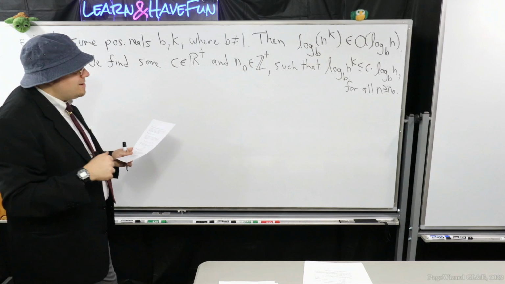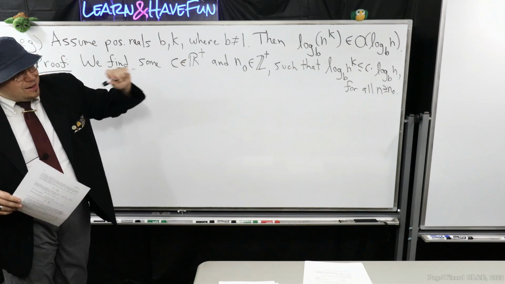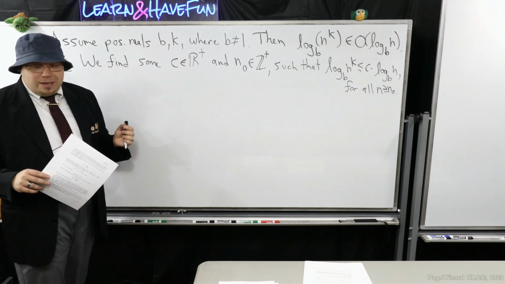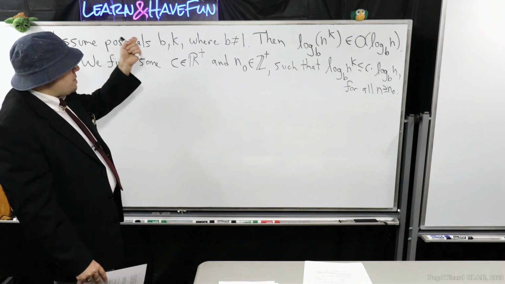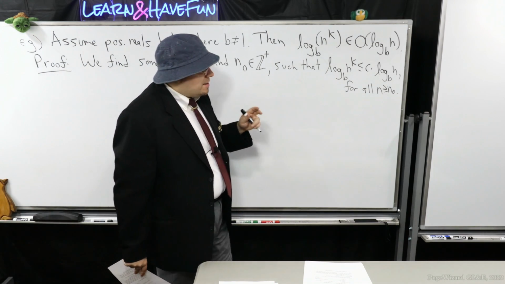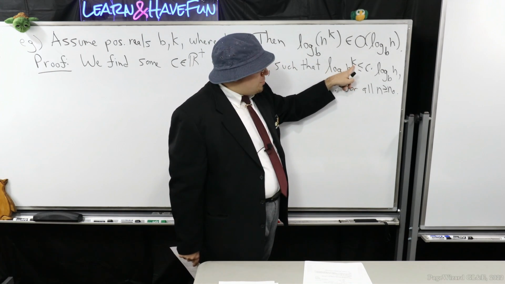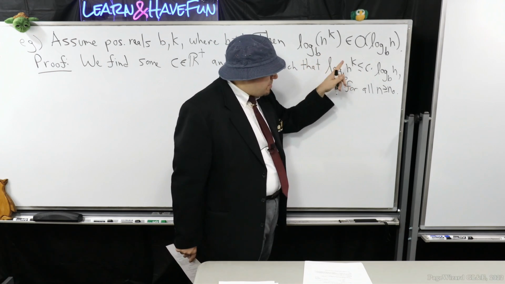Does everybody see it? The game plan here is we need to figure out how to make that inequality work for all n greater or equal to n0. And the natural intuition here, sorry, I'm getting very excited here, is that you know k is a constant. And secondly, we know the power rule or power law of logarithms, which says we can pull this k out front, so you get k times log base b of n.